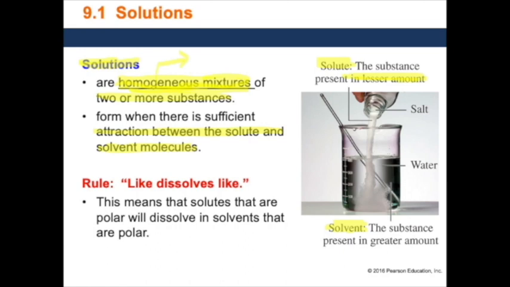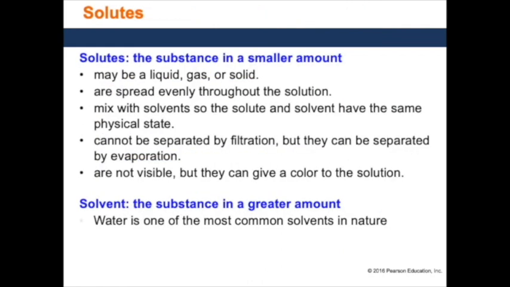A solution is composed of solute and solvent, and solute is the one which is present in the lesser amount, whereas the solvent is the one which is present in higher amounts. Here it's giving you the same definition again. Solute is the substance in smaller amount and the solvent is the substance in greater amount.